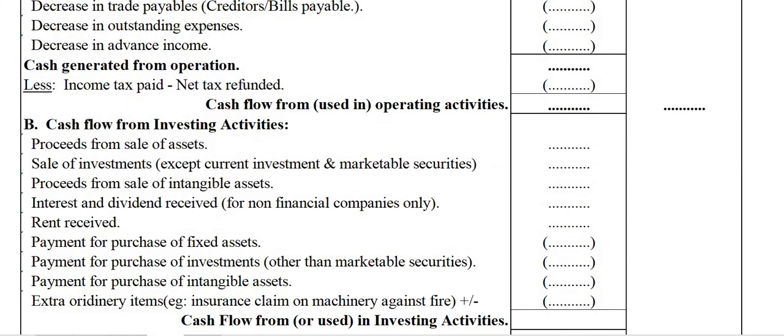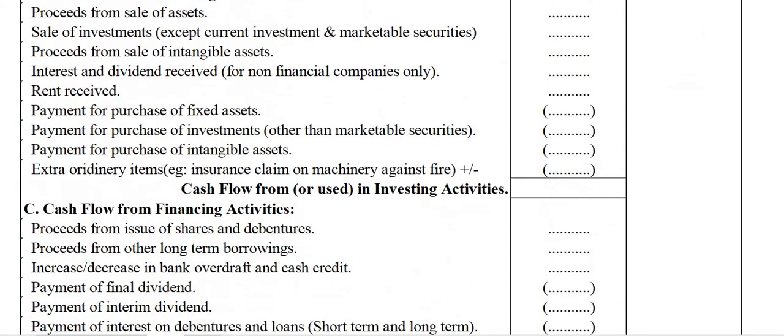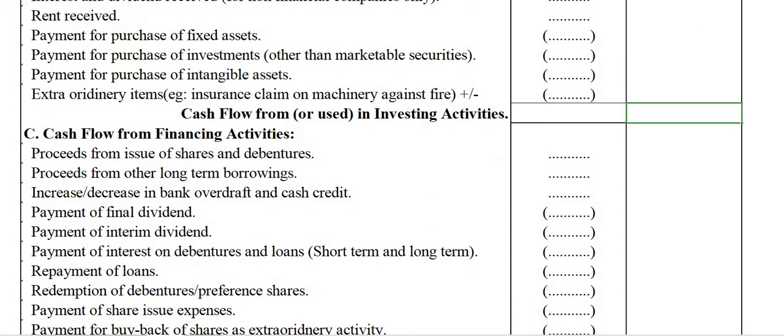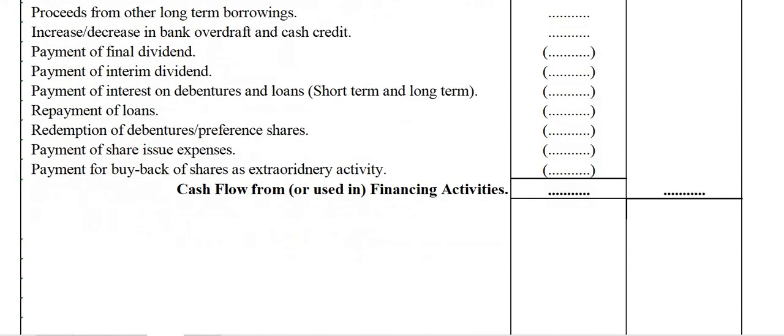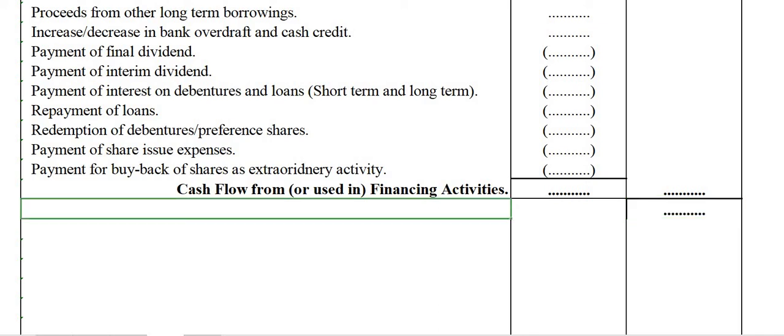First cash flow from operating activities, then investing activities. Here we have not mentioned this, it also should be shown in the outer column. So here two amounts and here three amounts. All the three amounts should be added and written down, and that is the net increase or decrease in cash and cash equivalent.